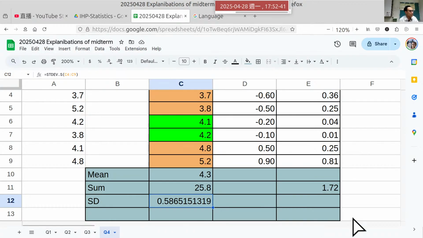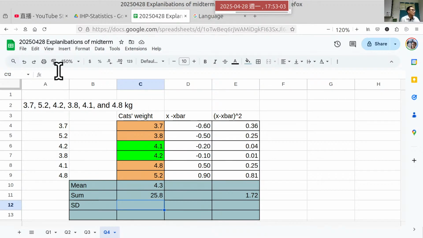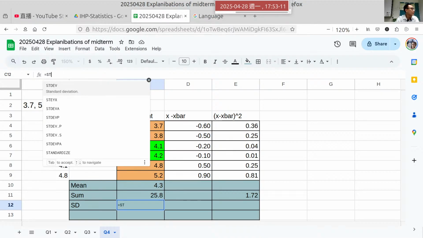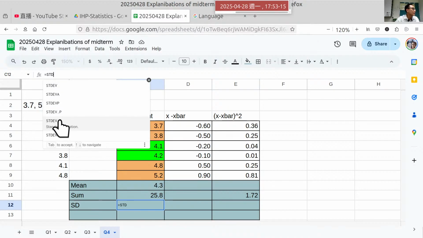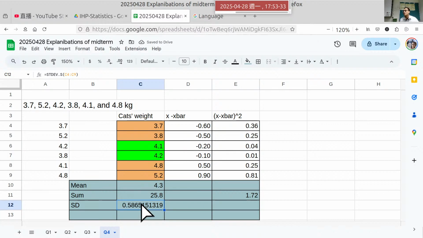The first one, here, click here, standard deviation, move to that, click equal, and the command is STDEV.S, S for sample, and click this one, and parentheses, select the range here from 3.7 to 5.2, and click enter, and we got the answer.